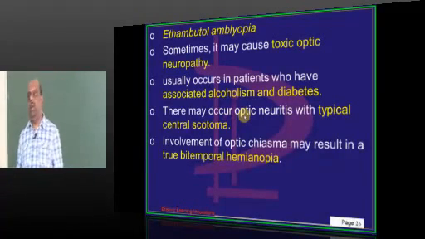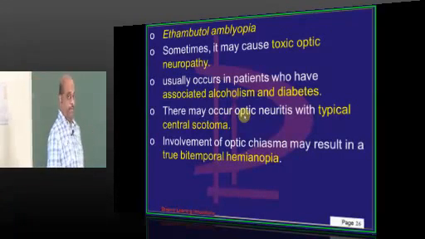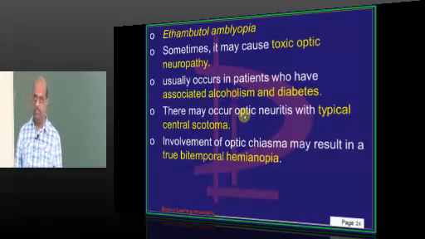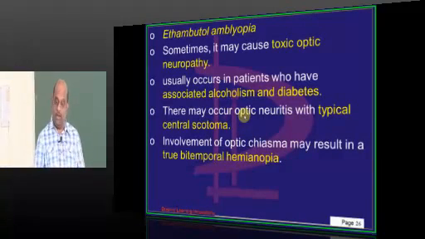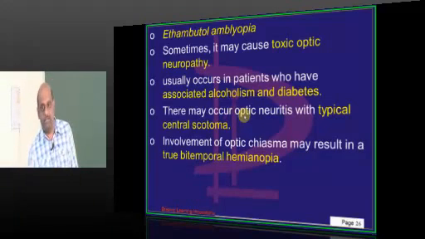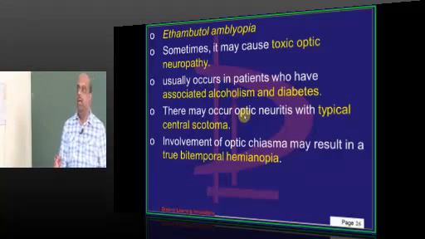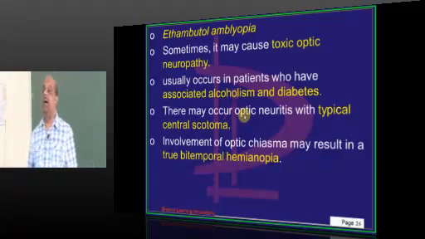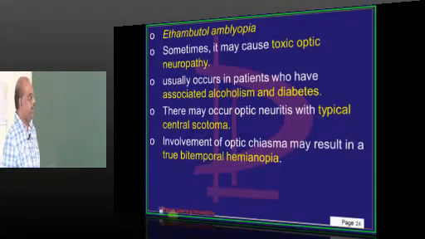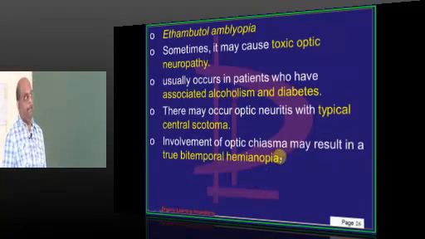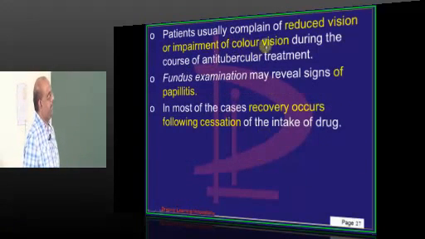Ethambutol can lead to a toxic optic neuropathy, and especially if a person is alcoholic previously or diabetic previously and had tuberculosis and is now receiving ethambutol, they are more vulnerable to develop ethambutol associated amblyopia. It is a central scotoma, classical of ethambutol amblyopia, and it can lead to bitemporal hemianopia, ethambutol toxicity.